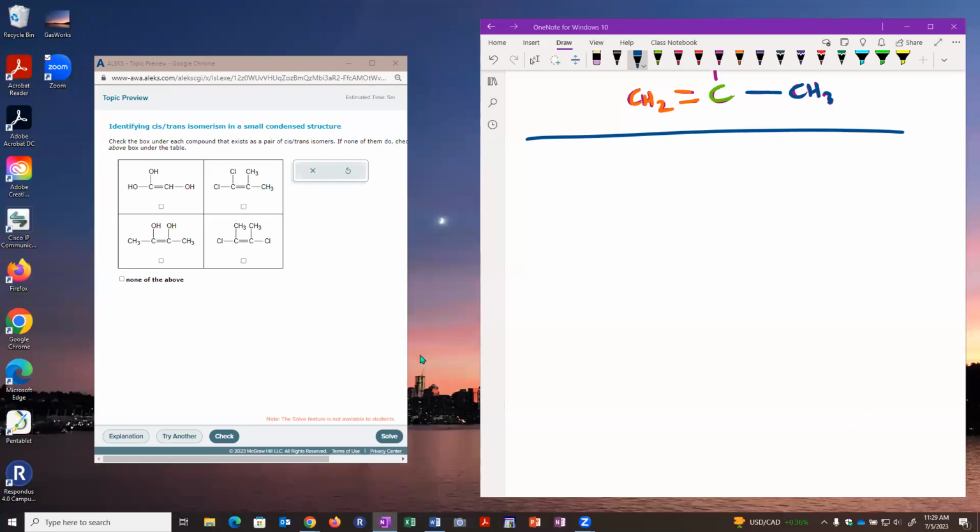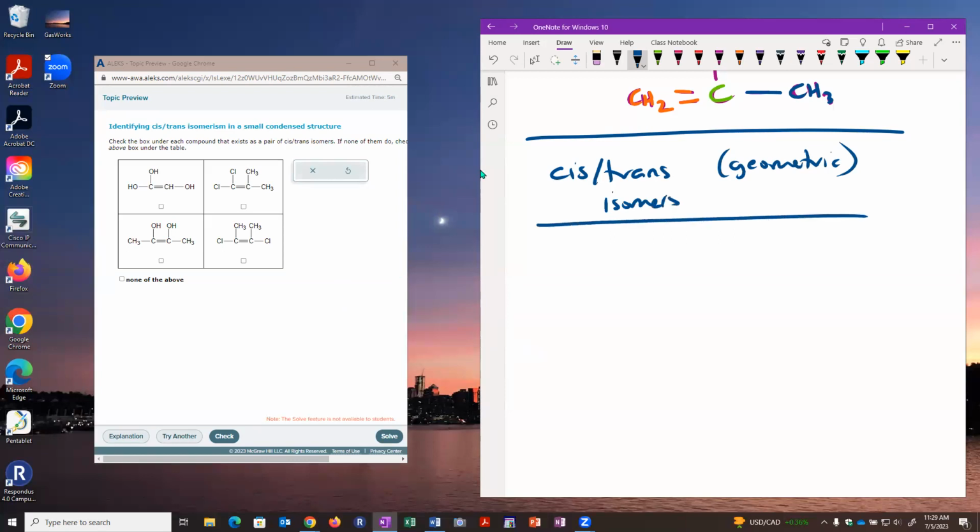All right, so when you have carbon-carbon double bonds in a structure, the possibility exists for different types of isomerism to occur called cis-trans, or sometimes it's referred to as geometric isomerism. Okay, and in this type of isomerism, just like the previous type we looked at, you're going to have the same number and types of atoms.